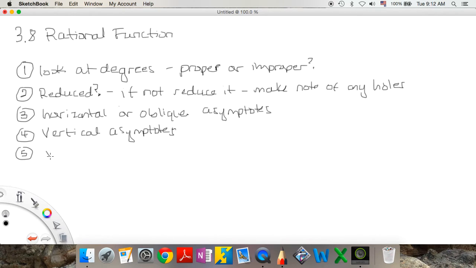Then we look at the x-intercepts and the y-intercepts. And then we graph it on our calculator and sketch it using all this information. So we're going to look at these different steps and how to deal with them in some examples here.